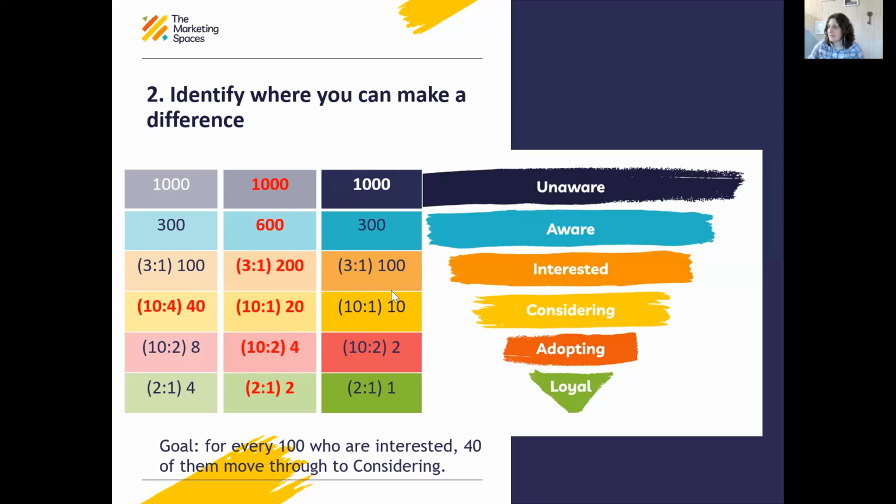At this point, instead of losing 90 people, you're losing 180 people. You're literally letting people walk out of your buyer's journey. You can work these numbers, but think of all the extra effort and money that you're going to have to spend to get those 600. That's where it works if you work it differently.